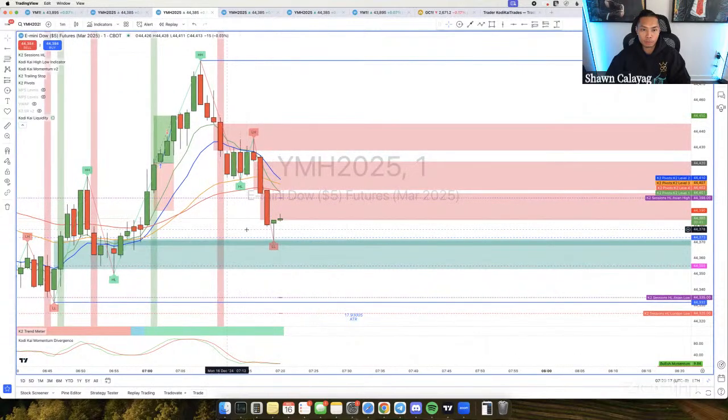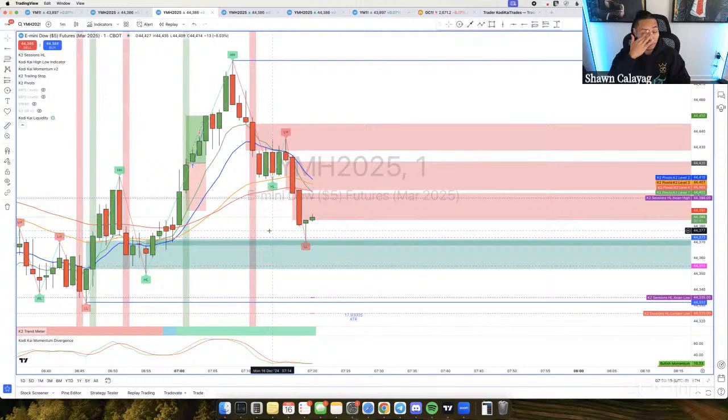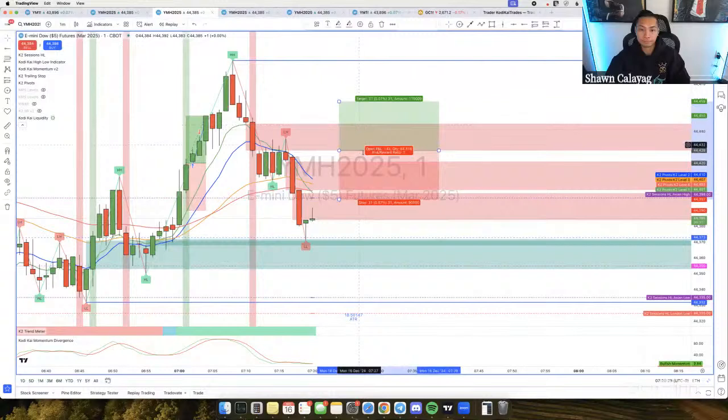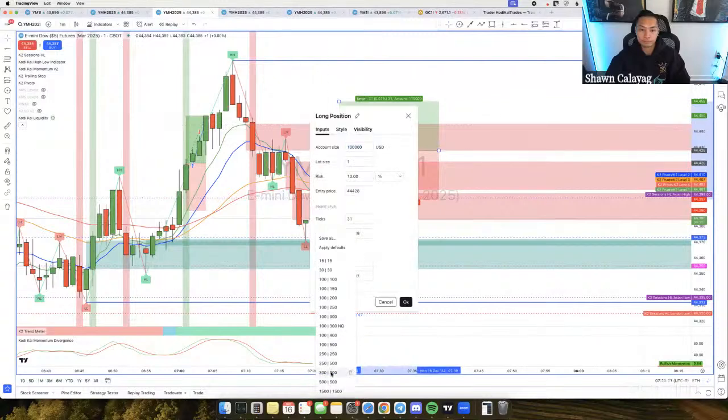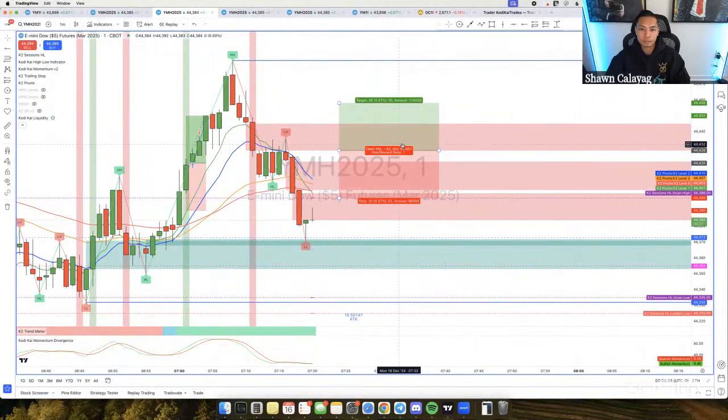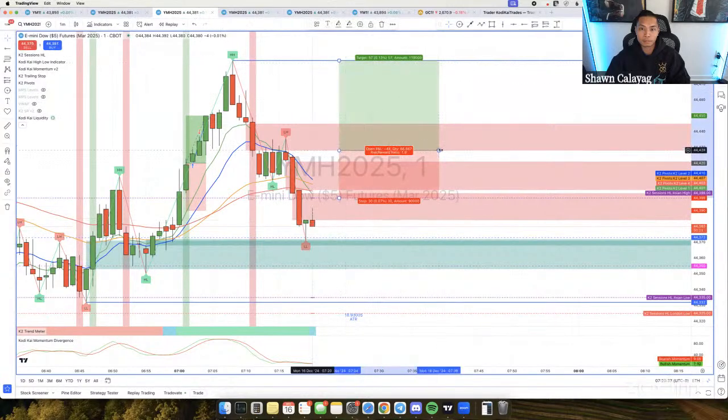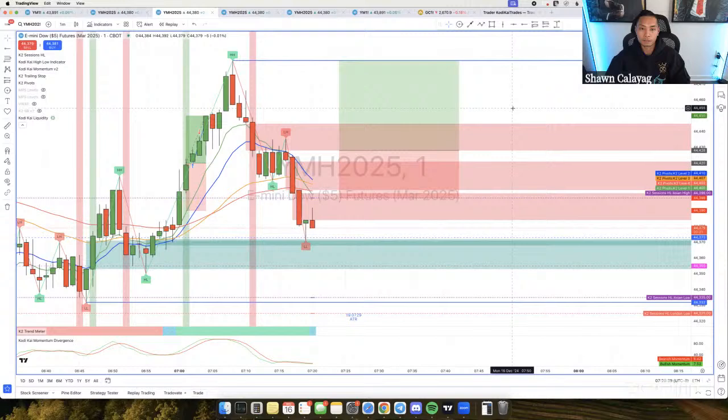If I see a V1 variation here, then I'd probably wait for a confirmation back up. I wouldn't take it at the sessions right here, but I'd probably take it a little higher, like this level. Then this right up to the level up there.